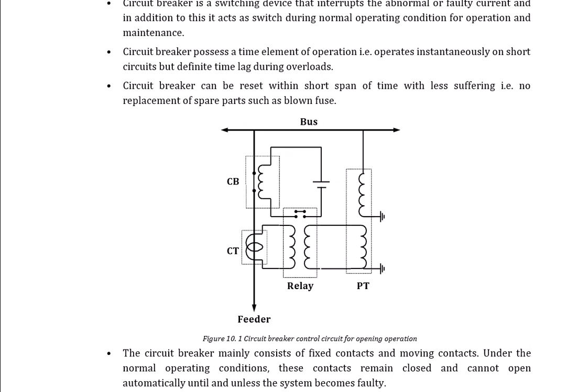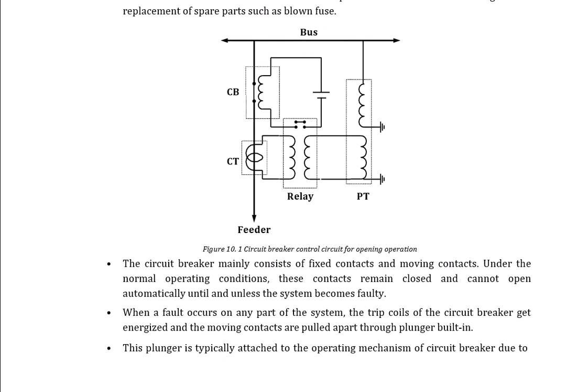The circuit breaker mainly consists of fixed contacts and moving contacts. Under normal operating conditions, these contacts remain closed and cannot open automatically until the system becomes faulty.